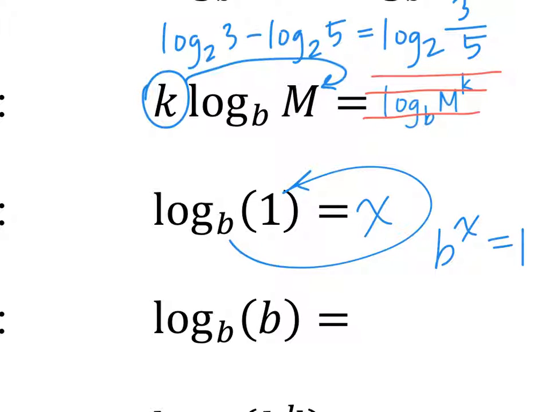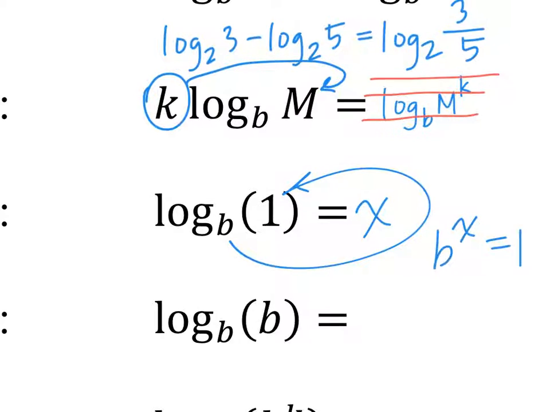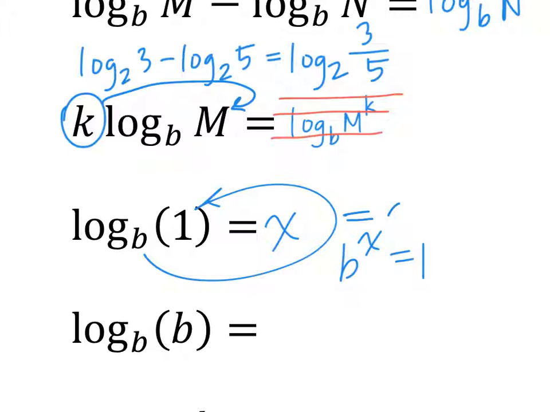What number must x be? 0, right? The only way you can get a 1 is if the exponent is 0. So then this is 0, which means anytime you see a log of 1, it's always 0. Log of 1 is always 0. Doesn't matter what the base is.